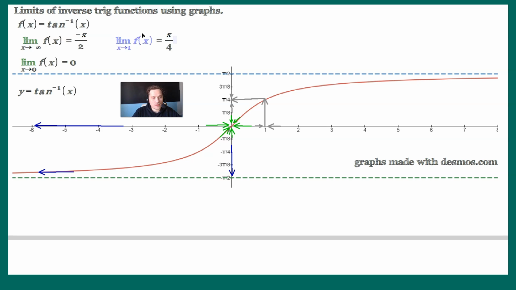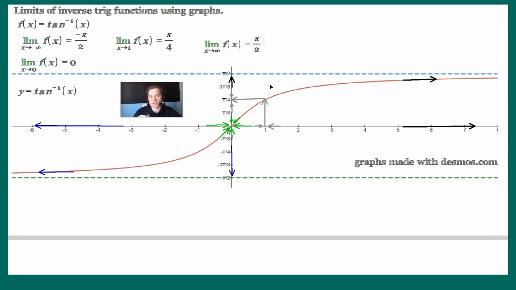One other common limit here is this one. What happens when x goes towards positive infinity? You see that the points on the graph move this way, but that also means, remember, that the corresponding y coordinates of those points move up towards pi over 2, but from below pi over 2. So as a limit statement, I might say the limit, as x approaches positive infinity, of f of x is equal to pi over 2, a value that we never reach, it's just a value that we approach.